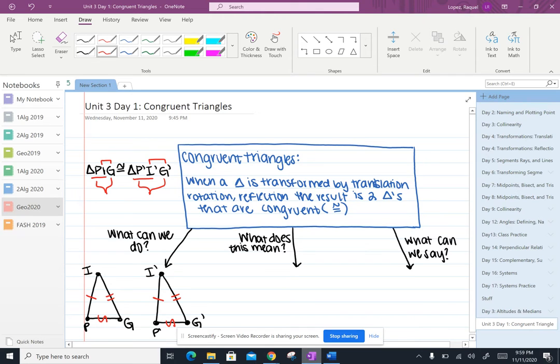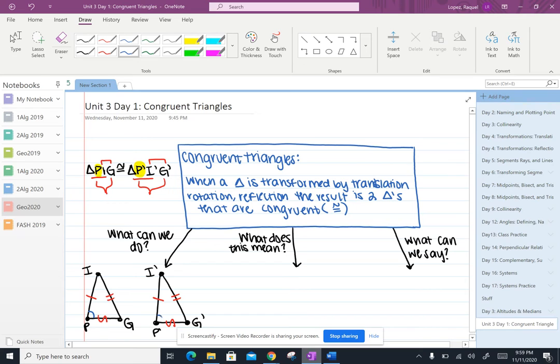So when we're given that statement that two triangles are congruent, we can go ahead and mark a diagram just like what we're shown. And we would use this statement right here to figure out which angles and which sides are congruent. Okay, so the angles would be labeled similarly. So what that means is I would take a look at that first letter. So angle P is congruent to P prime. So I'm going to mark that with an arc.